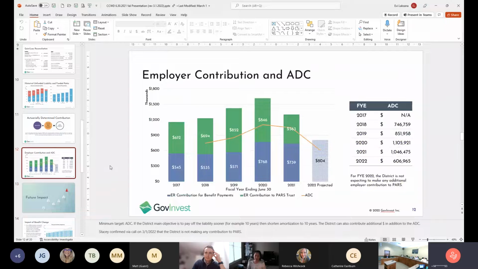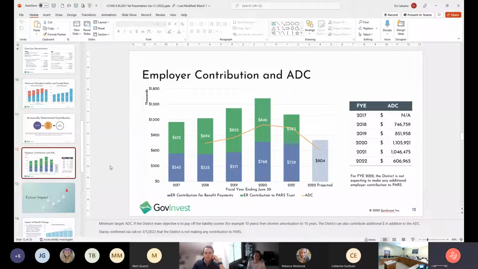So the historical comparison between what you actually contributed and the ADC is what's shown on the chart on slide 12. You are currently paying for retiree healthcare expenses from outside of the trust, and then you contributed extra dollar amounts into the PARS trust.